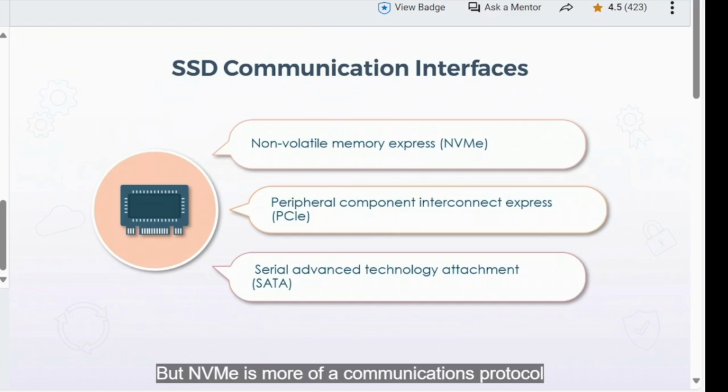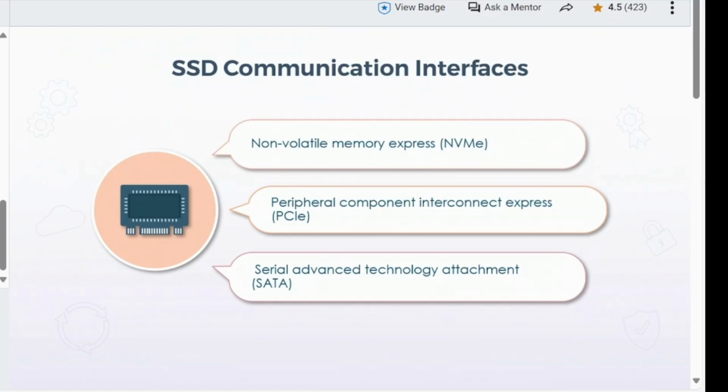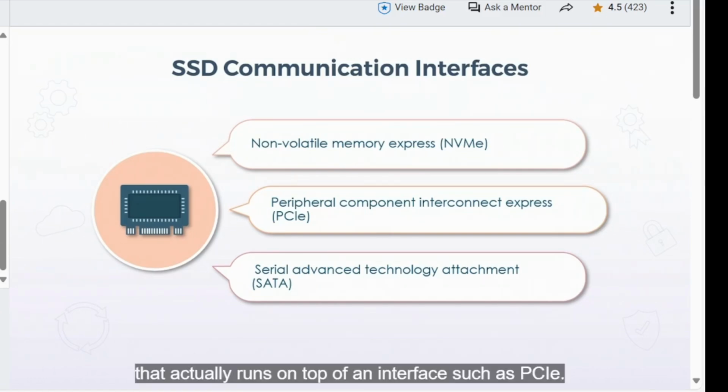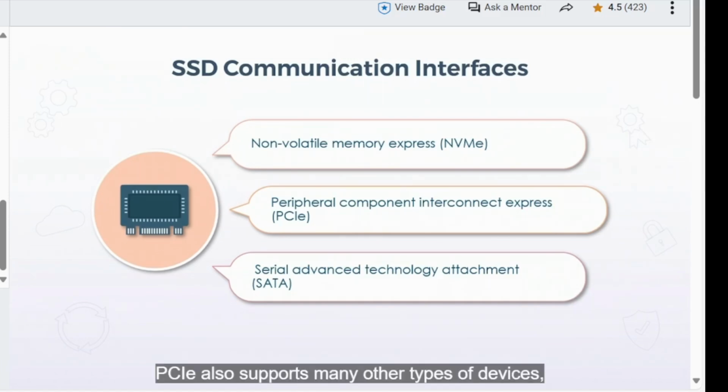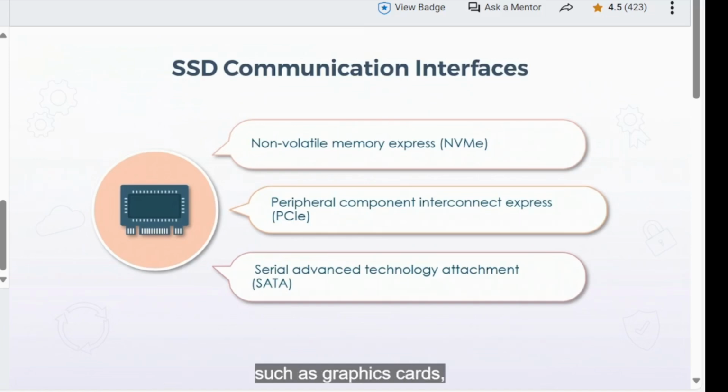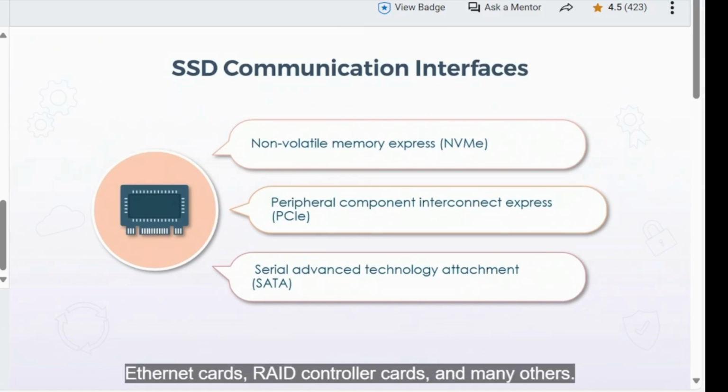But NVMe is more of a communications protocol that actually runs on top of an interface such as PCIe. But as an interface, PCIe also supports many other types of devices, such as graphics cards, Ethernet cards, RAID controller cards, and many others.